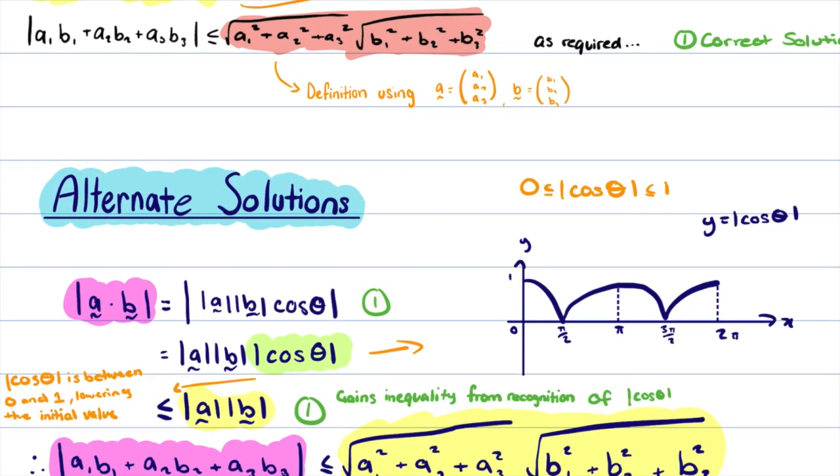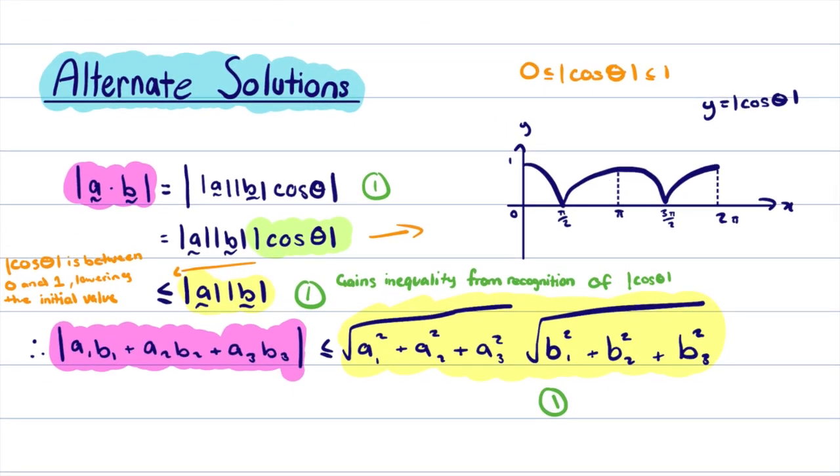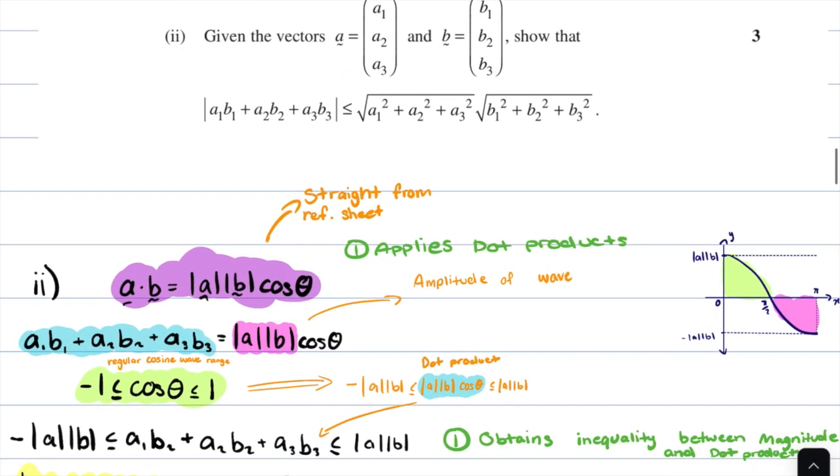Alternatively, we can go straight to the dot product in between the absolute value function. From this, we get our dot product is equal to the same thing as we had before, but just within our magnitude symbols. We get our same first mark for applying the dot product here.